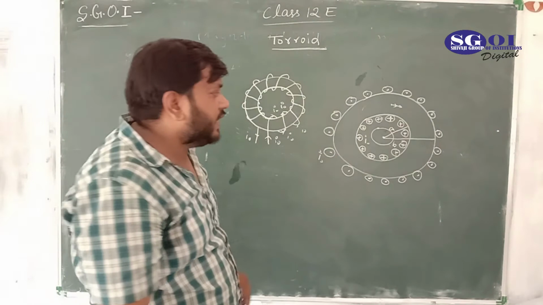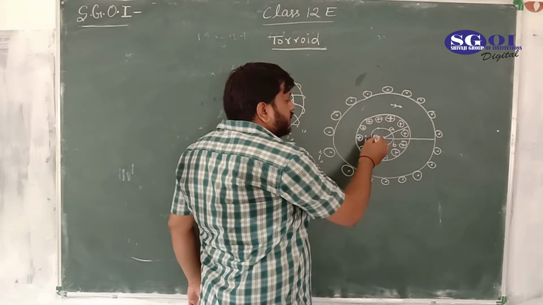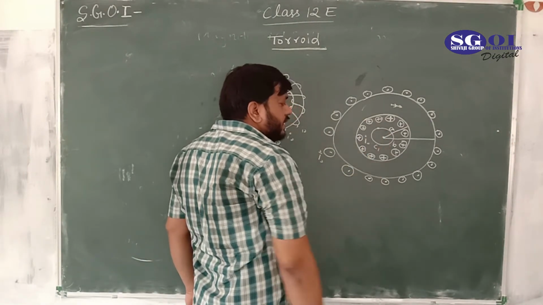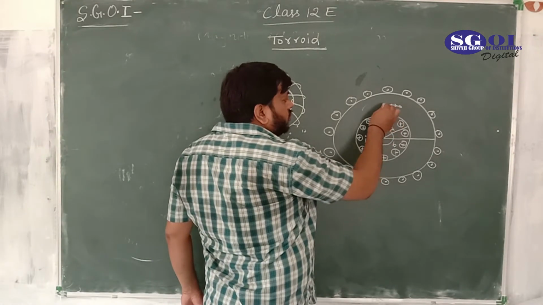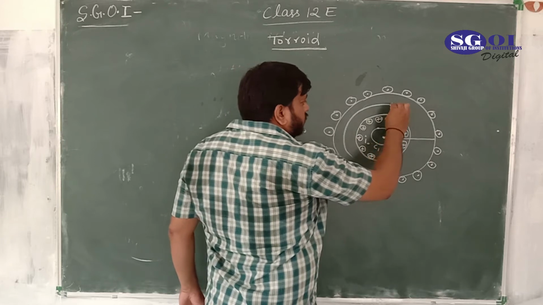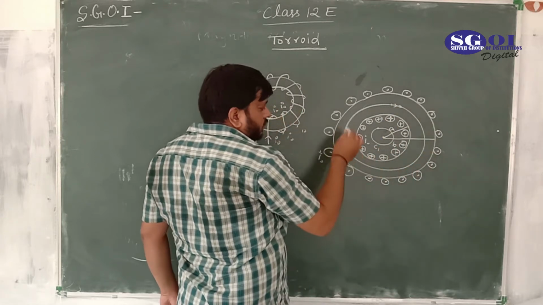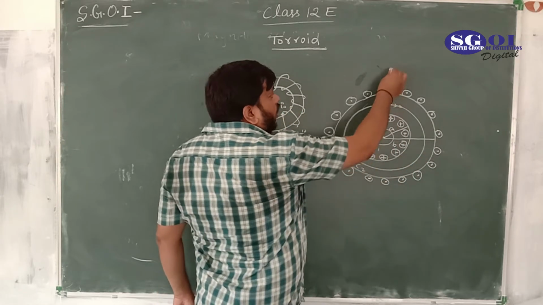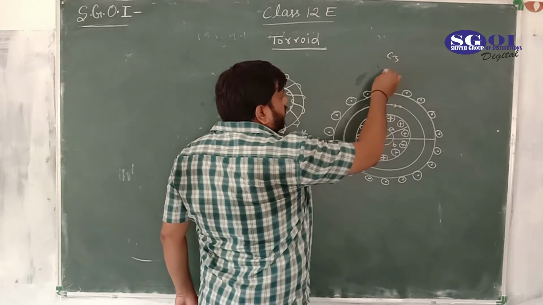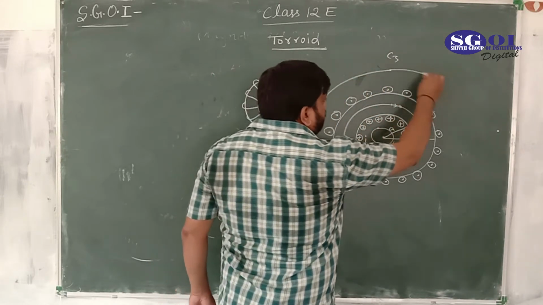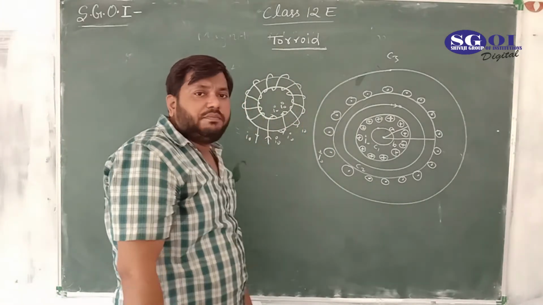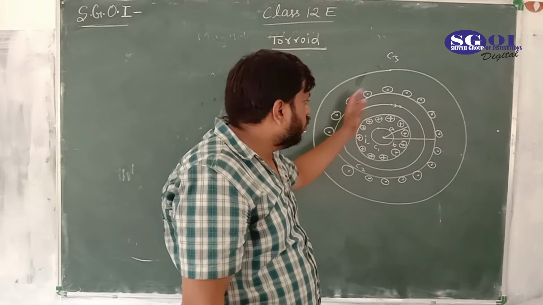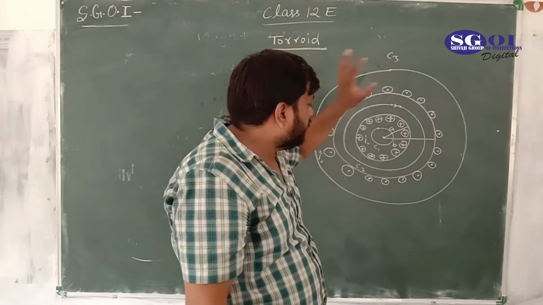So here we are taking this loop, curve 1, so this is C1. And we would find the magnitude of the magnetic field here also. So let's take a second loop, curve 2, and outside, curve 3, loop 3. So we have three amperian loops, curve 1, 2 and 3.